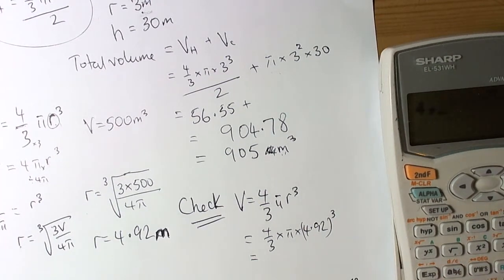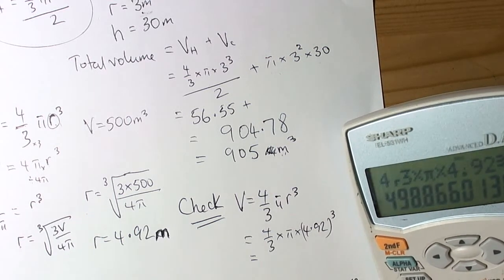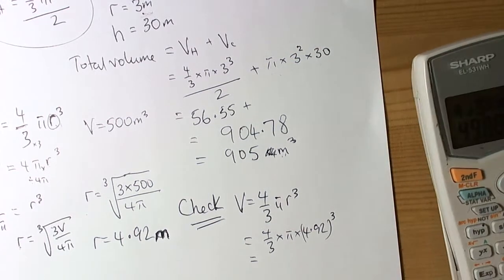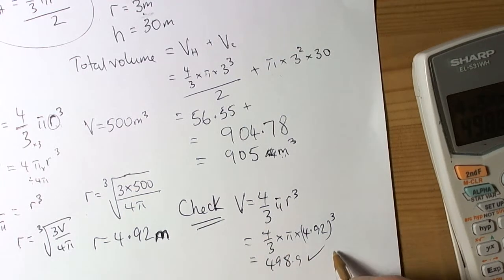So 4 fraction button 3, times pi times 4.92 cubed, equals. The answer came to 498.9, which is close enough to 500 because we rounded it. So we can be pretty sure that the check worked.